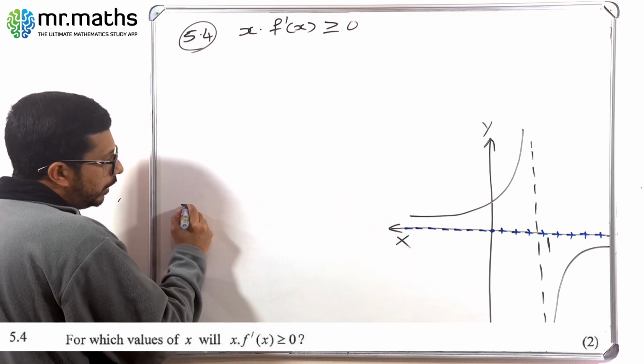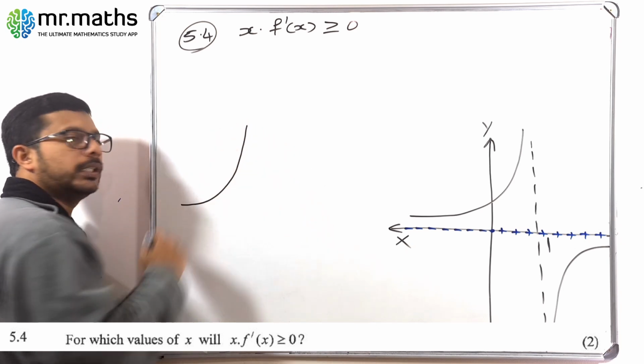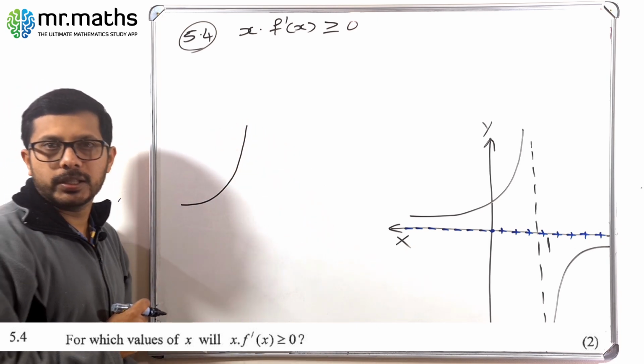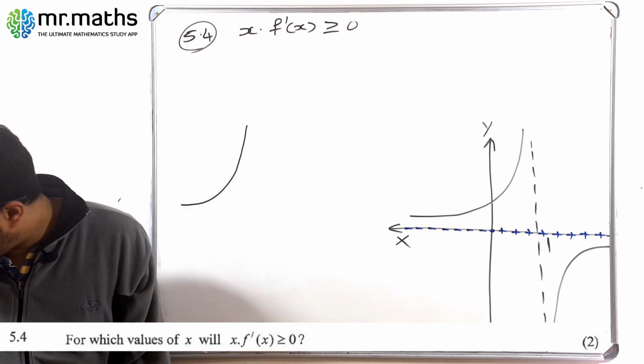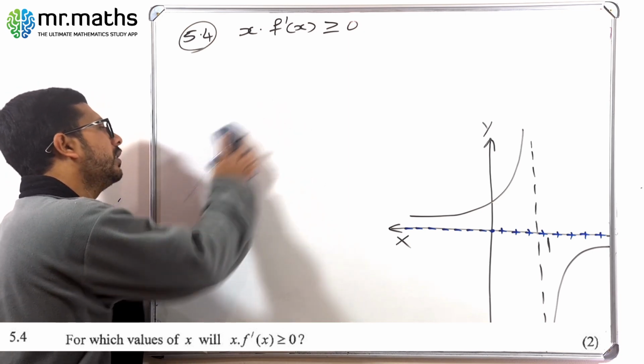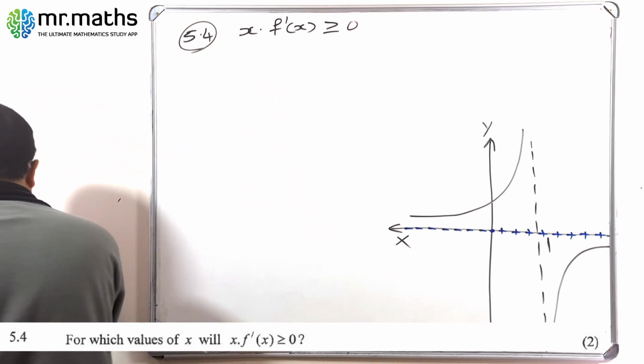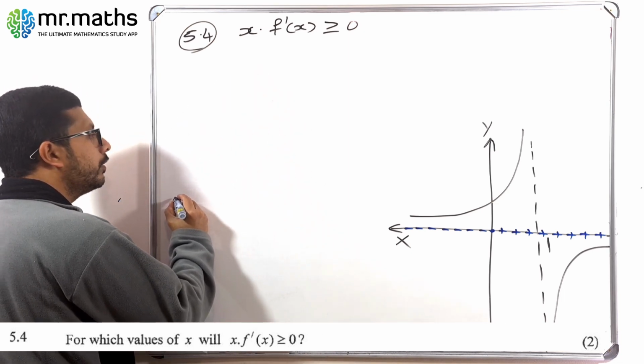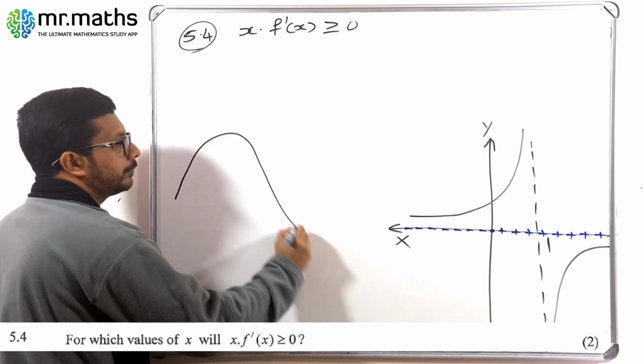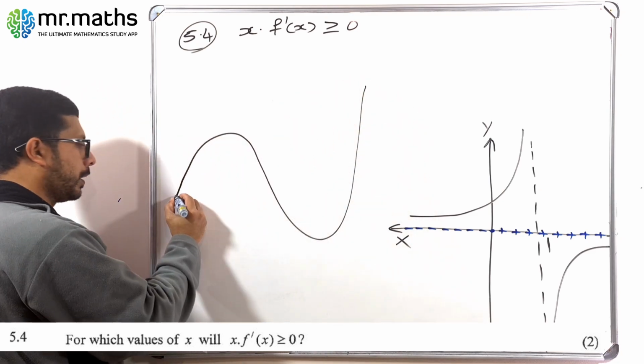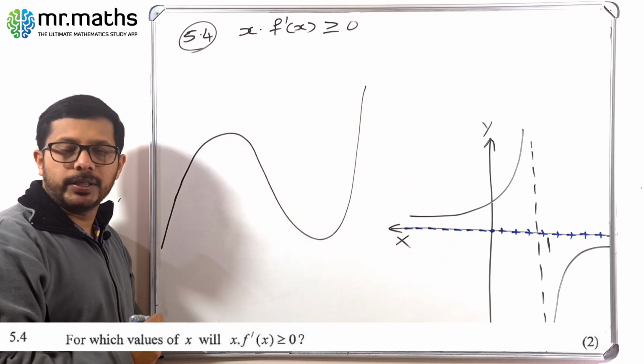Now here this graph, is it increasing or decreasing? Let me draw a cubic graph. It doesn't matter if cubic or quadratic or whatever, you are familiar with the cubic graph. So assume that this is a cubic graph.